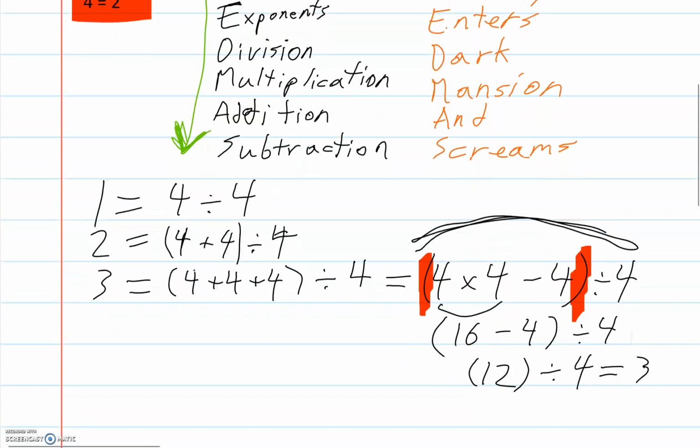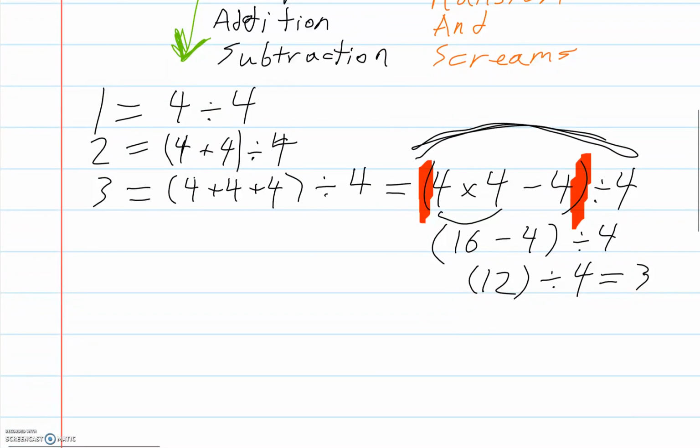So you can just keep going with this, and it's quite an interesting question. From the homework pages, it's question 26, I believe. It really forces you to think about how you can use brackets and how that will influence how you do BEDMAS and how you get the number.